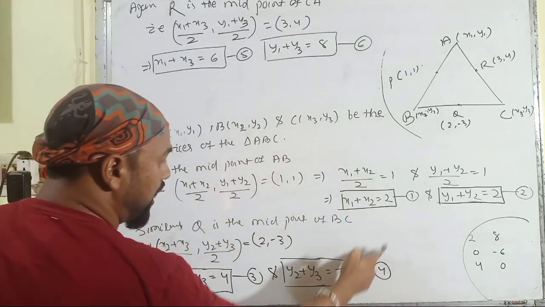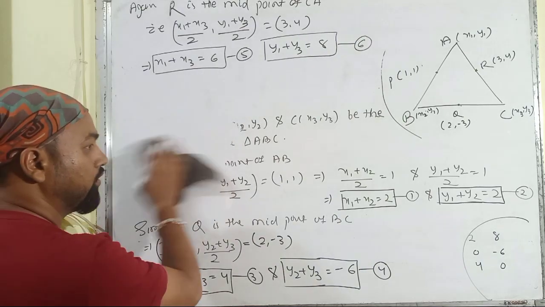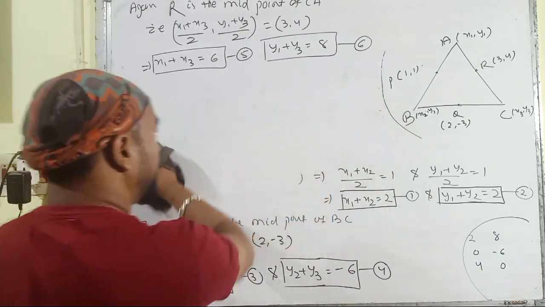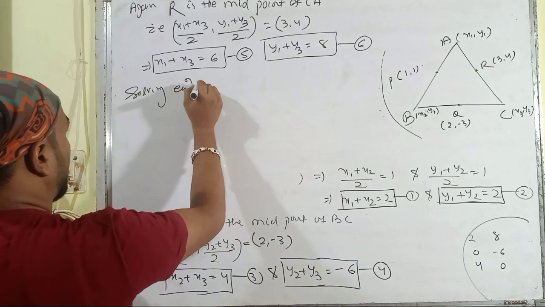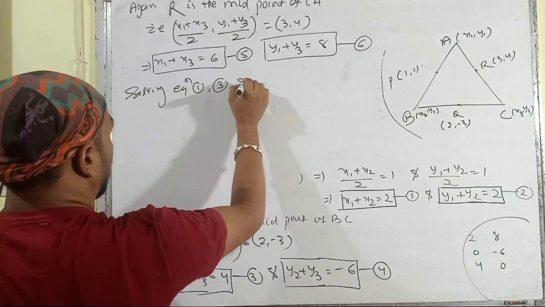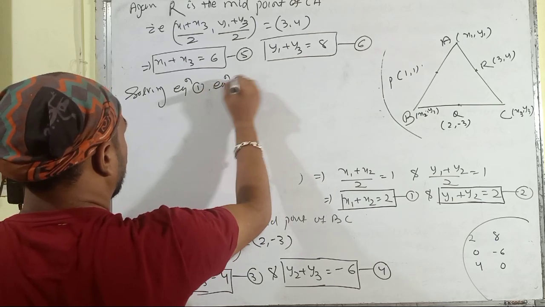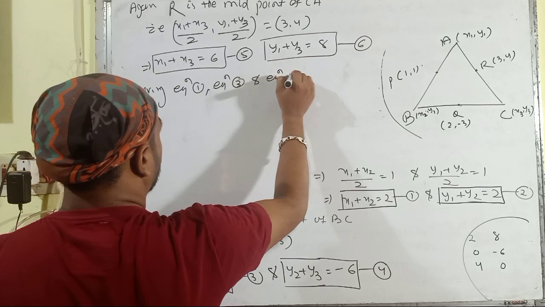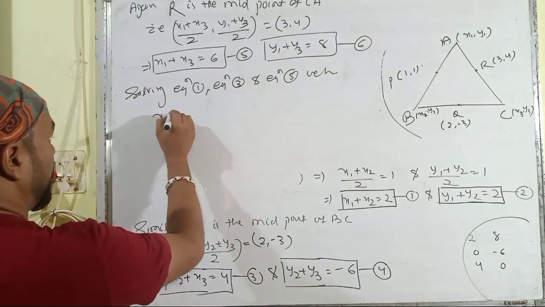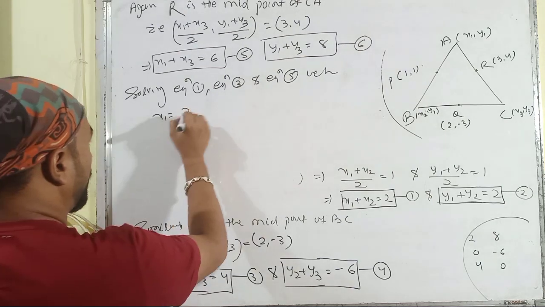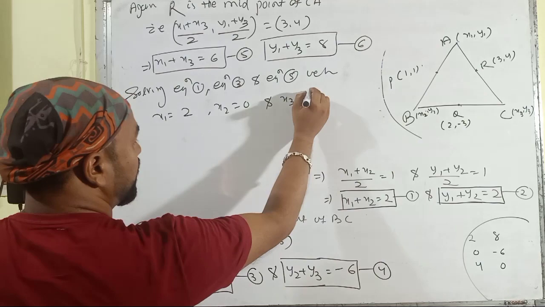Solving equations 1, 3 and 5, we have x1 is equal to 2, x2 is equal to 0 and x3 is equal to 4.